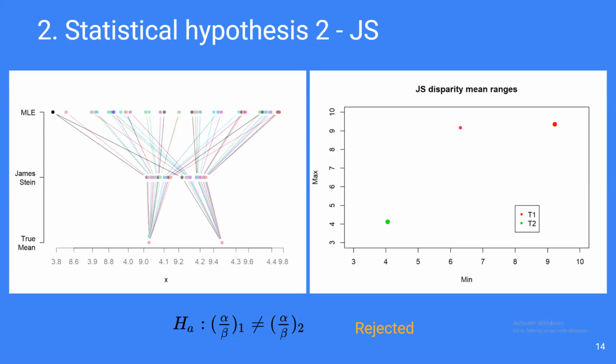And that's what we have here on the right plot. And as we see, this range of the first time frame and the second time frame are so separate apart. So that means that the means are different, and we reject the null hypothesis.